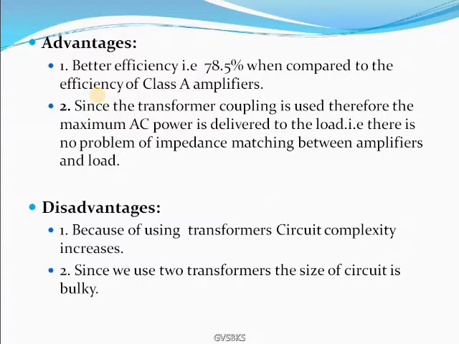And one more disadvantage is that the size of the transformers is huge and bulky. That's why the size of the circuit increases. These two are the disadvantages of the push-pull Class B amplifier. So we are moving to the advanced version of this, that is the complementary symmetry push-pull amplifier.